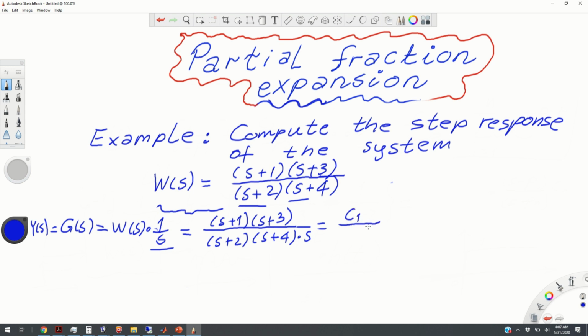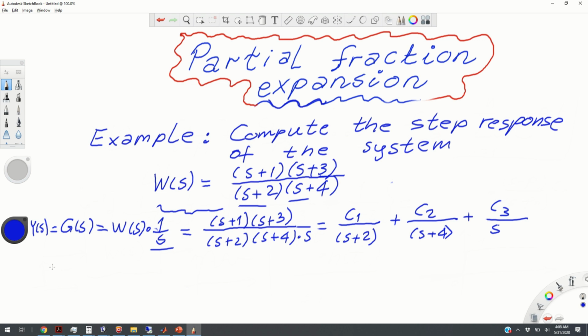We have c1 over s plus 2, plus c2 over s plus 4, plus c3 over s. Why can we apply this formula? Because the poles are distinct.